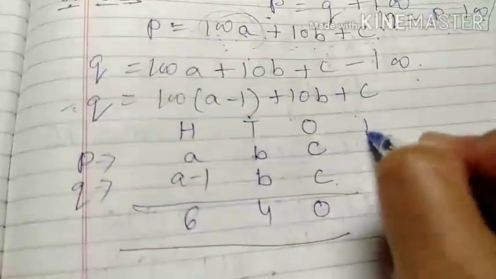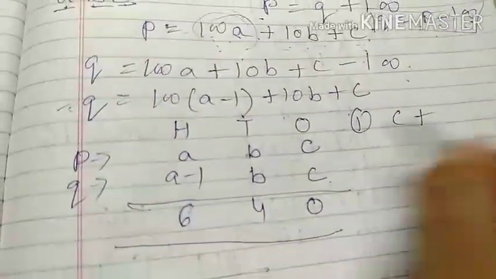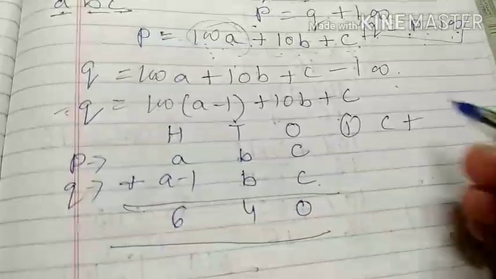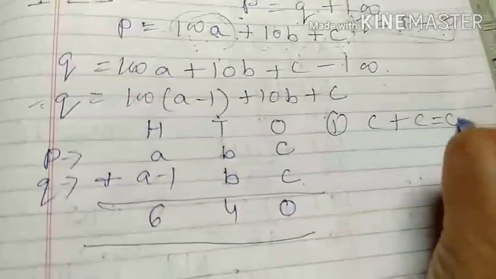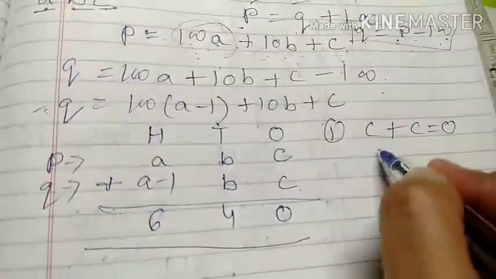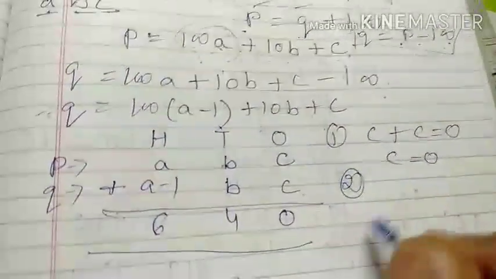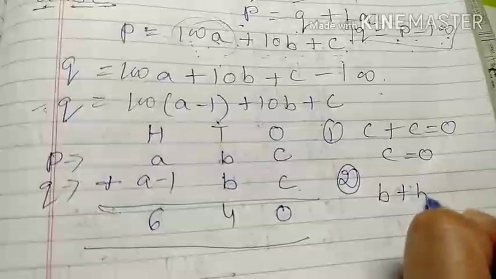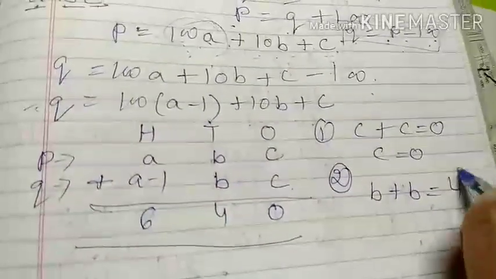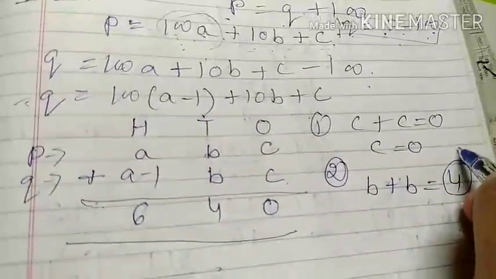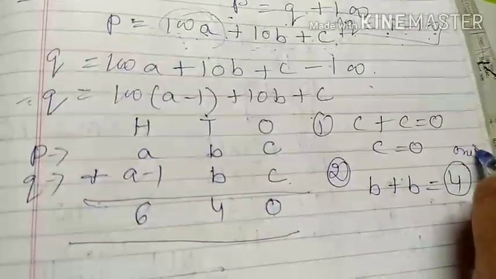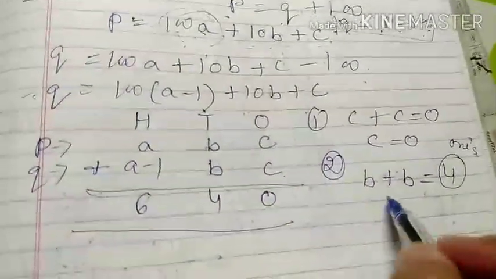Now first we go with C. Now you have to add. C plus C is 0, in both the cases 0, so we consider C is equal to 0. Now go with B. B plus B gives 4. This 4 means when you add these two numbers, 4 should be in the ones place.